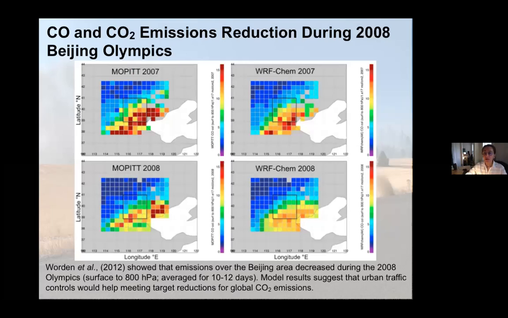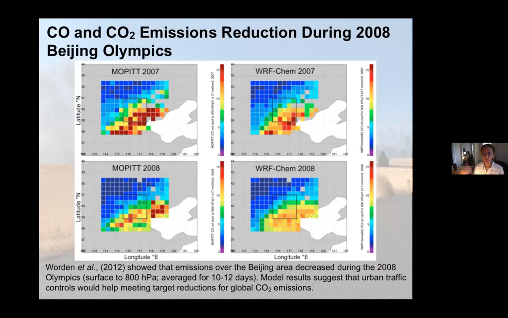Helen Worden performed this really nice analysis a few years ago using MOPITT data, where she studied the effects of controlling traffic during the Beijing 2008 Olympics. During the length of the Olympics, people couldn't drive their cars, and I think the industries either diminished their activity or stopped altogether.